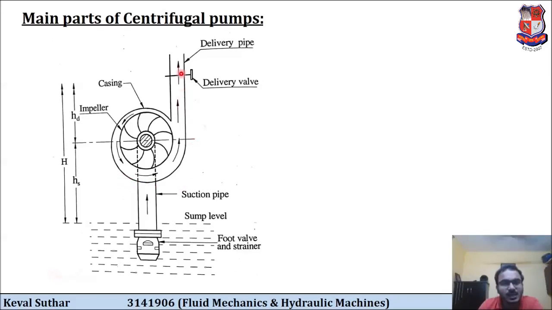Then we have the delivery valve, and this is the delivery pipe. Here we have the suction pipe, and at the bottom we have the foot valve and strainer. The strainer is used to prevent any kind of foreign particles entering the pump.